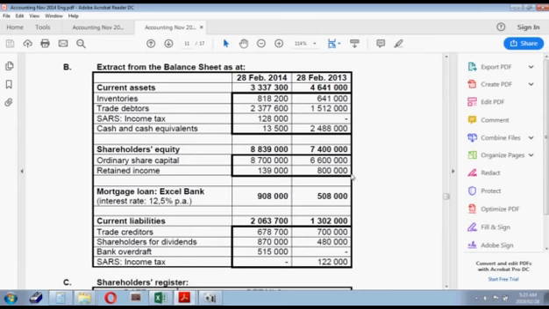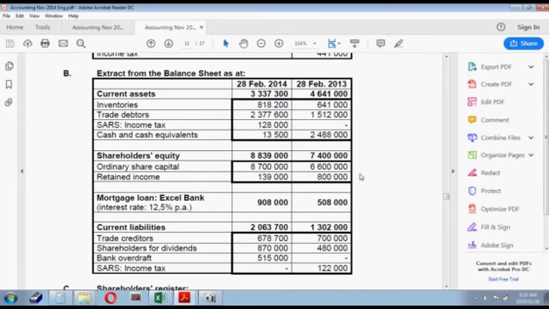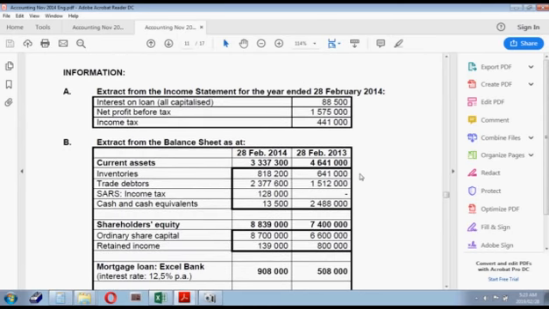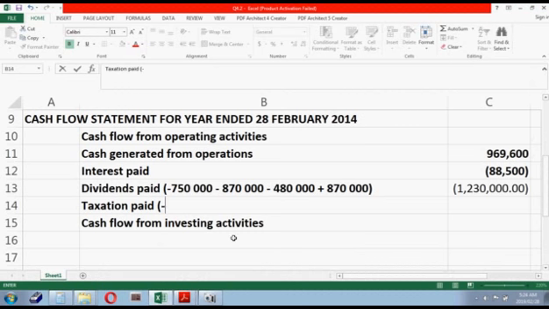So let's go and find the income statement extract. We have the income tax of 441,000 rand. Starts as an outflow. So we have a negative 441,000 rand.